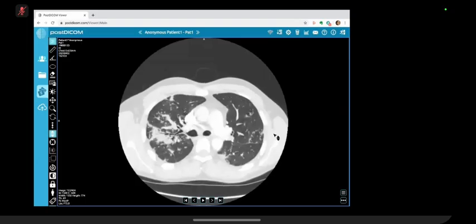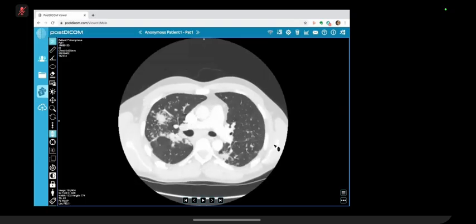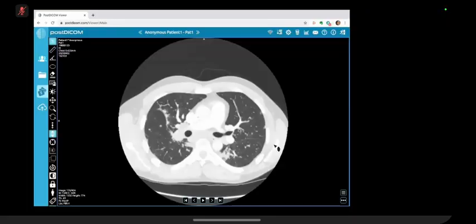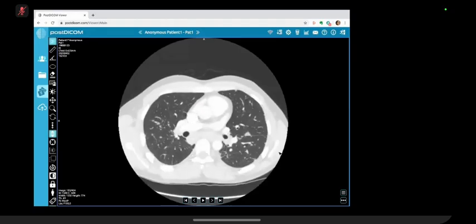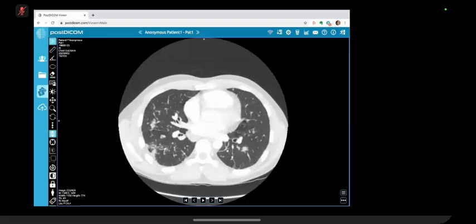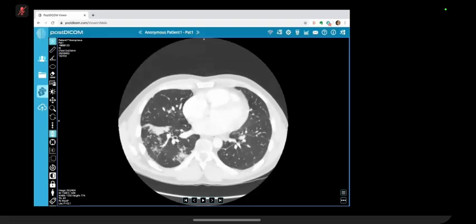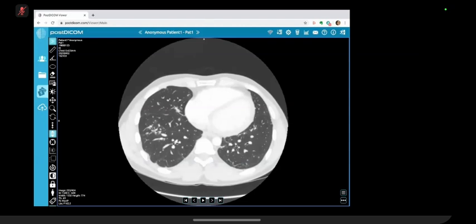The findings are quite suggestive of either sarcoidosis or even TB, but sarcoidosis is my top differential here because of the perilymphatic distribution of the nodularity.